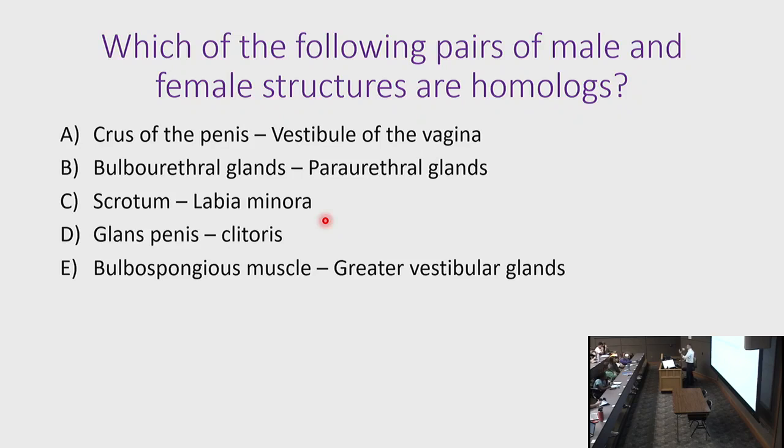So the ventrum surface is going to be what some might consider the top surface, depending on how you're viewing it. So remember the anatomical position when we're going through this. Glans penis and the clitoris. Are those homologs? Yep. All right, and then we've got these last two, which are not correct.